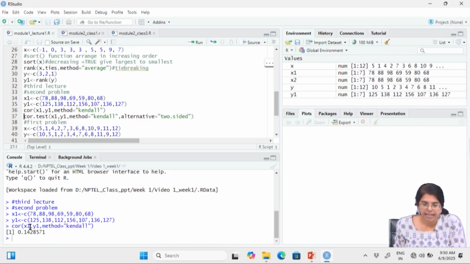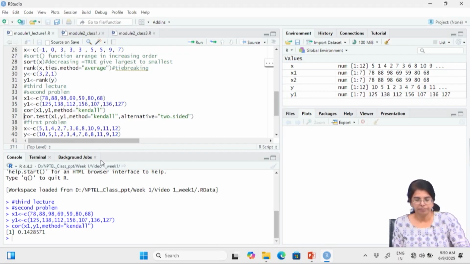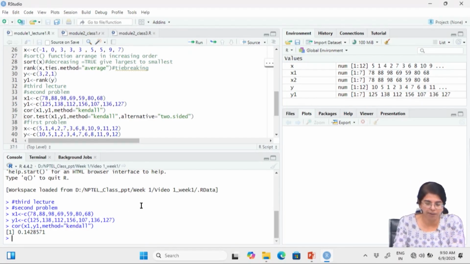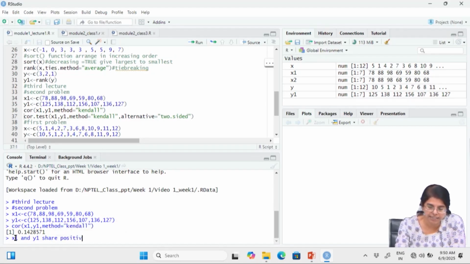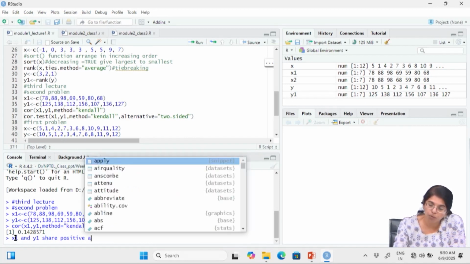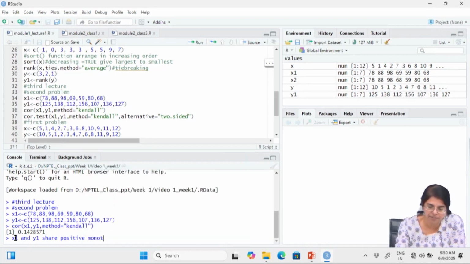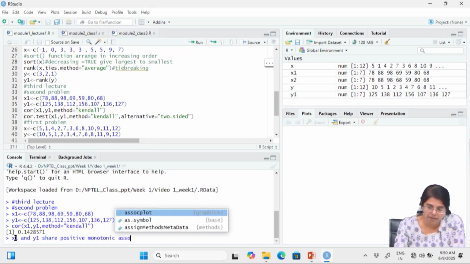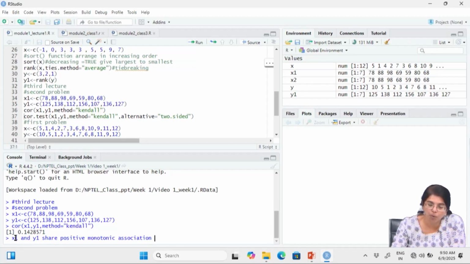So, you can say, let me write here the conclusion, x1 and y1 share positive correlation, positive monotonic association, but that association is poor.